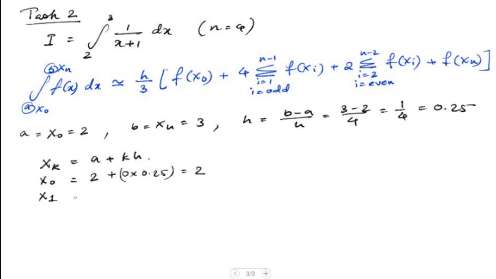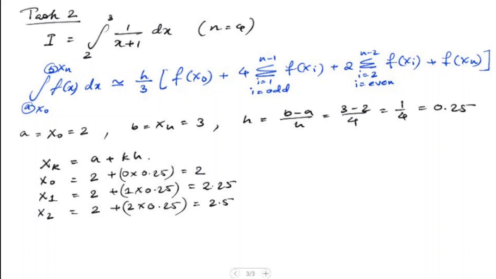And we have x1 is 2 plus k is 1 here, so 1 times 0.25 is equal to 2.25. And then for x2, the value is 2 plus 2 times 0.25, that's equal to 2.5.